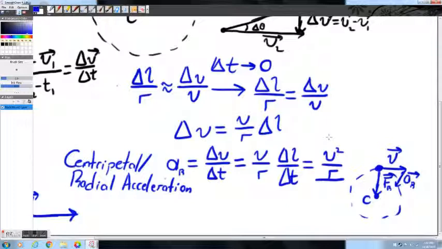It covers a larger L in a shorter t. If we were to increase the radius, however, the acceleration would decrease.